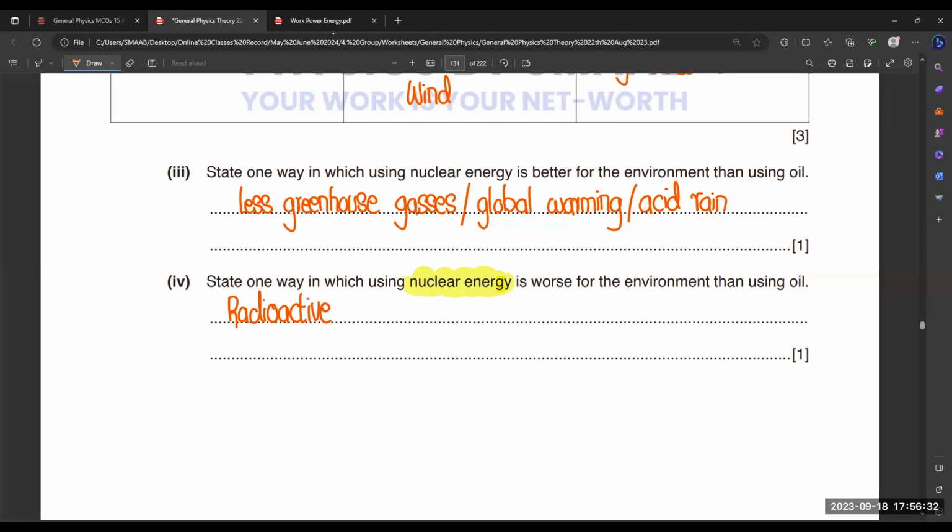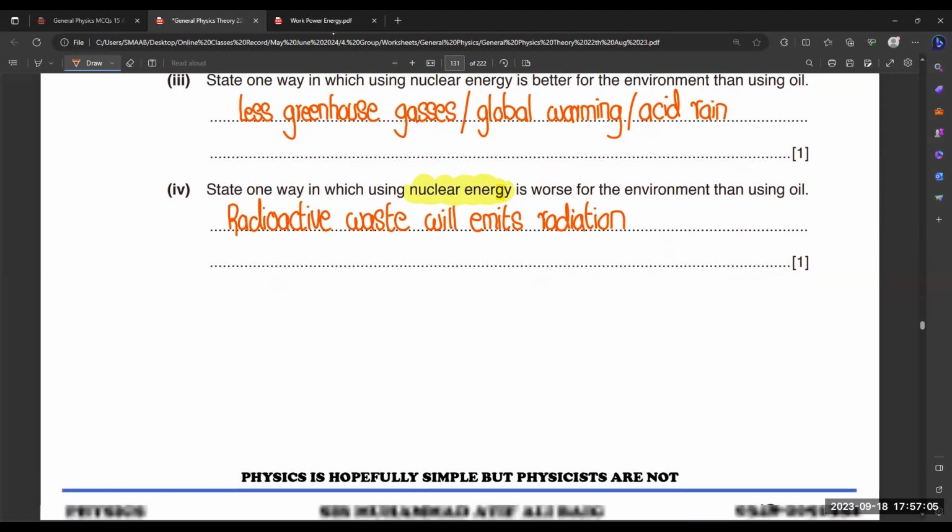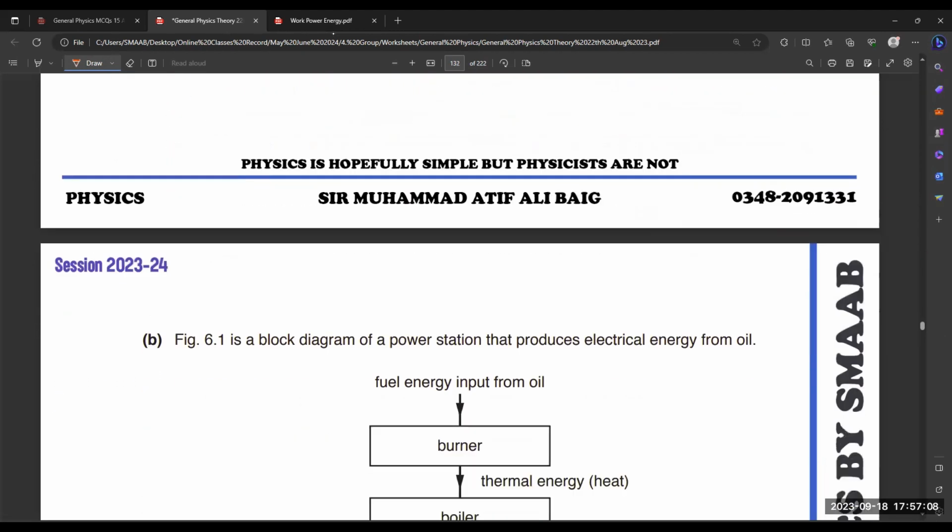For the environment, you can say radioactive waste, right? Can radiation enter the water? Yes. That also harms your environment, because those radiations are included in your atmosphere, and that will also cause problems for human beings, right?